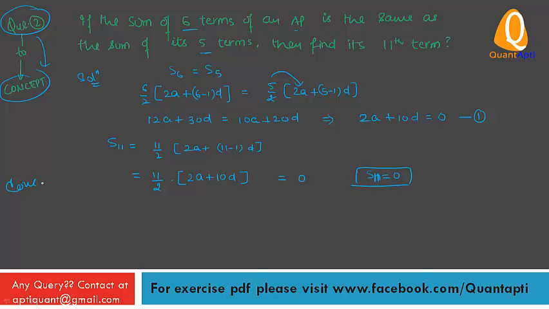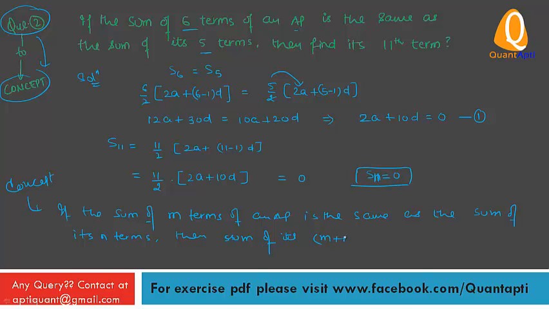The concept is, if the sum of m terms of an AP is the same as the sum of its n terms, then the sum of its m plus n terms is always equal to 0.